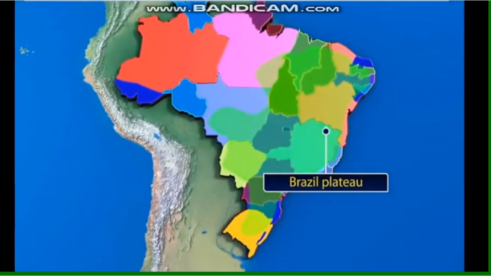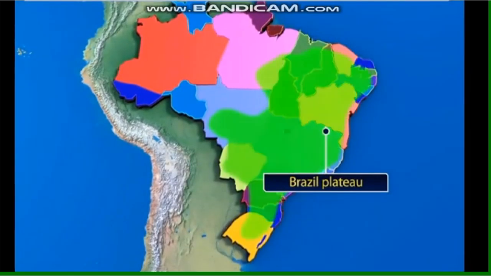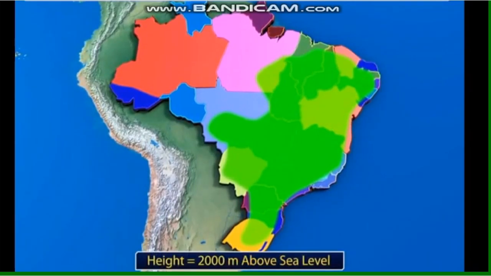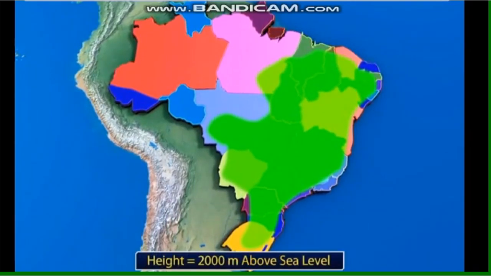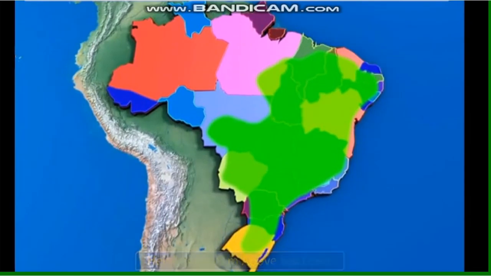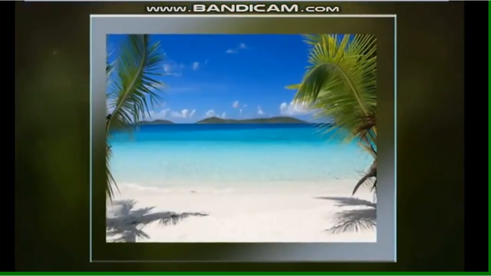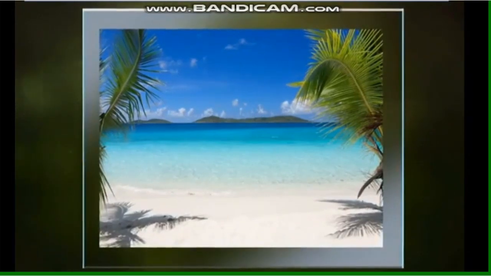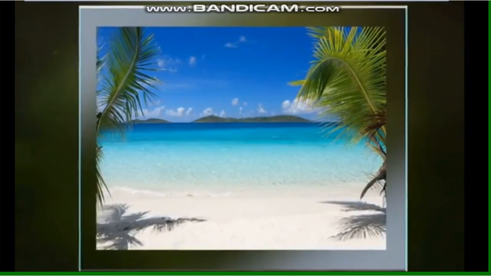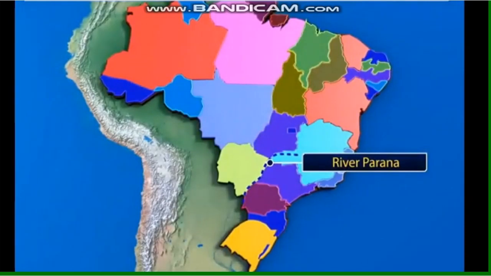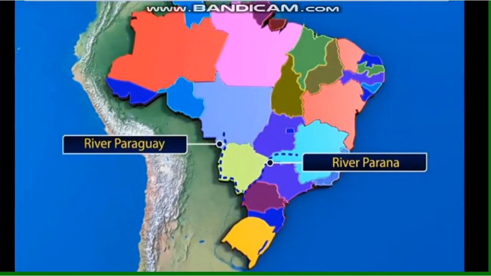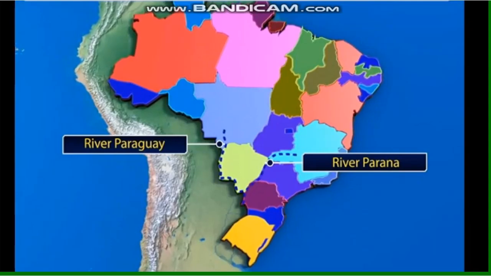The Brazilian plateau is located in the southeastern part of the country, and its height is around 2,000 meters above sea level. Clear, white sand is a characteristic of the southeastern coast of Brazil. Rivers Paraná and Paraguay originate in the Brazilian plateau and flow towards the south.